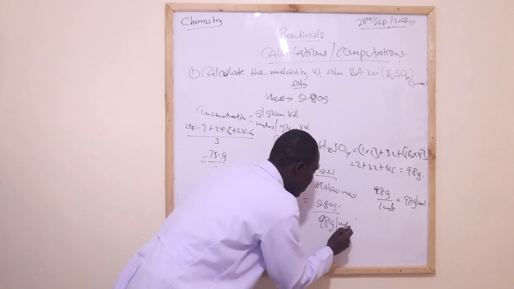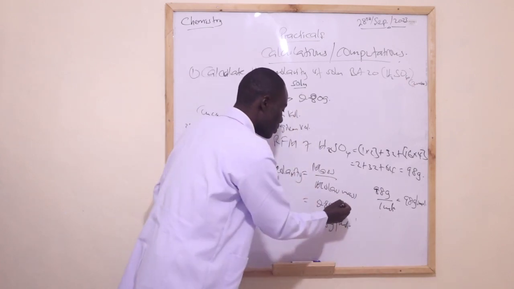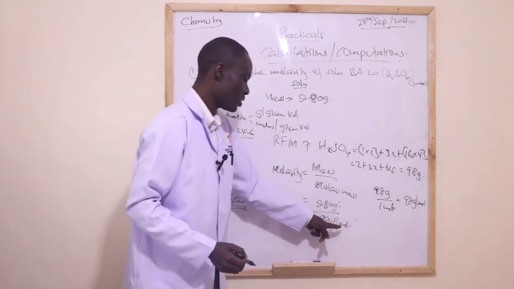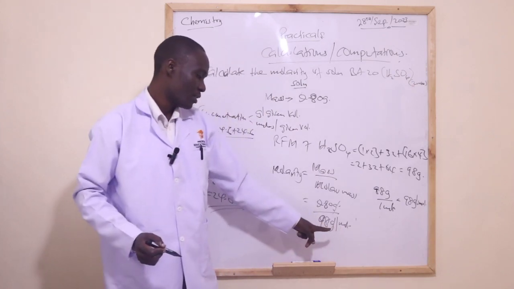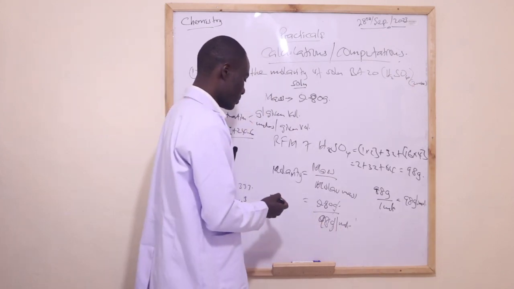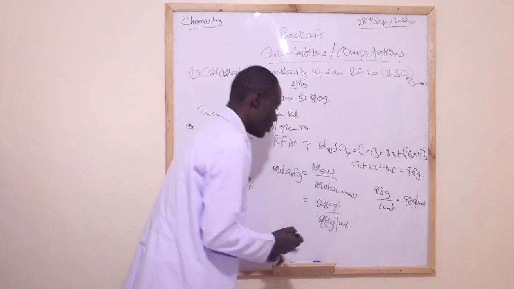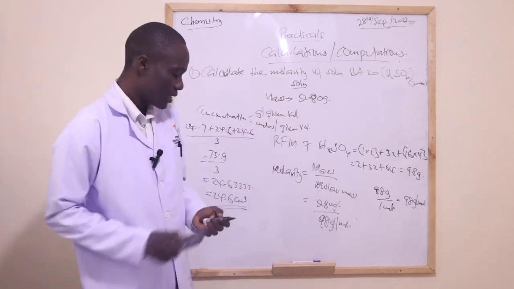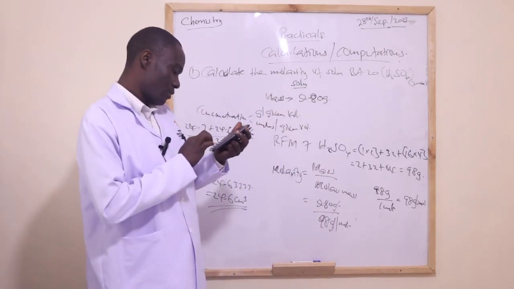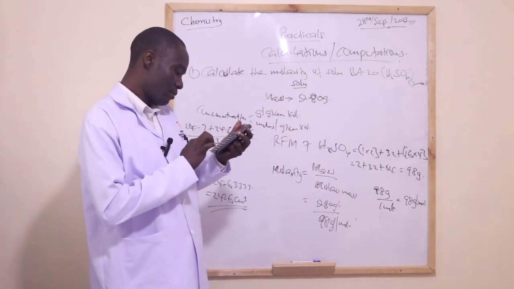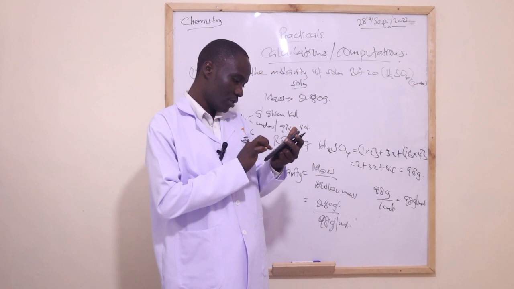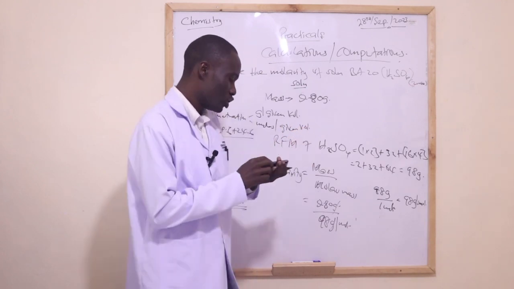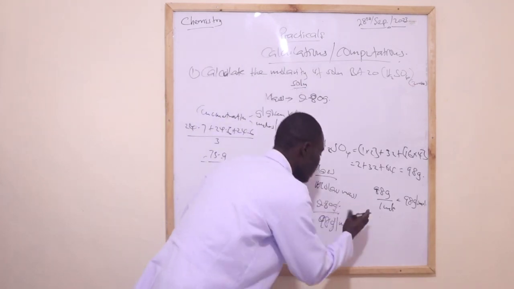When we divide, grams will cancel grams, so what remains will be mole. So when you use your calculator correctly, you divide 9.80 by 98, you get 0.1.